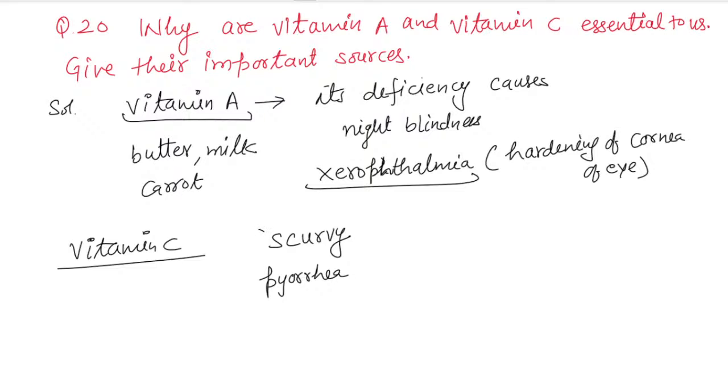And the sources are citrus fruits like amla, lemon. Good, beta.